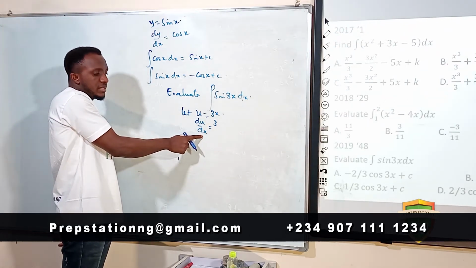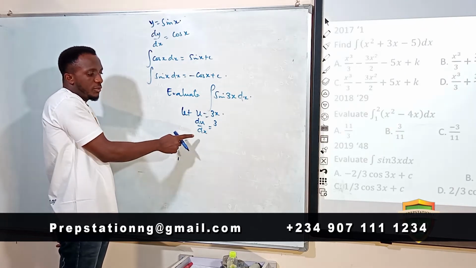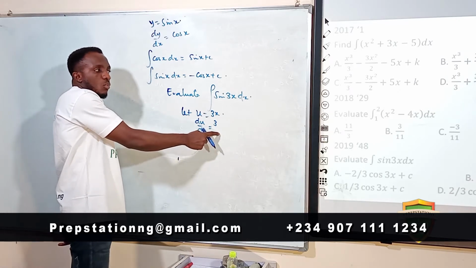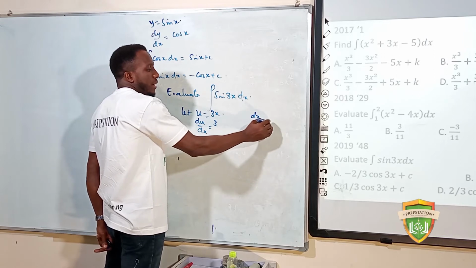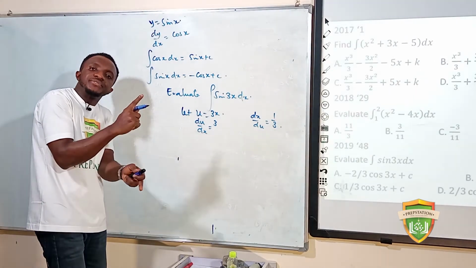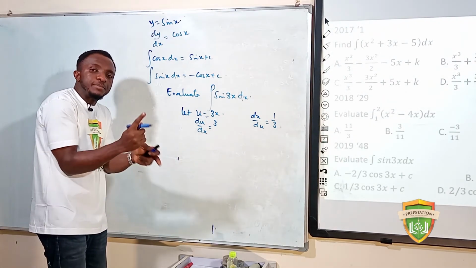How do we make dx the subject here? What do you think? If du/dx is 3, what do you think dx/du would be? 1 over 3. Why? Because it is just the reciprocal. We have ended up doing the reciprocal.